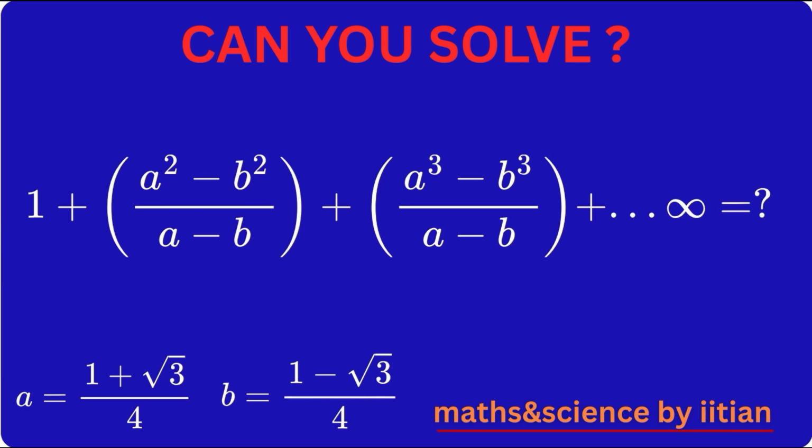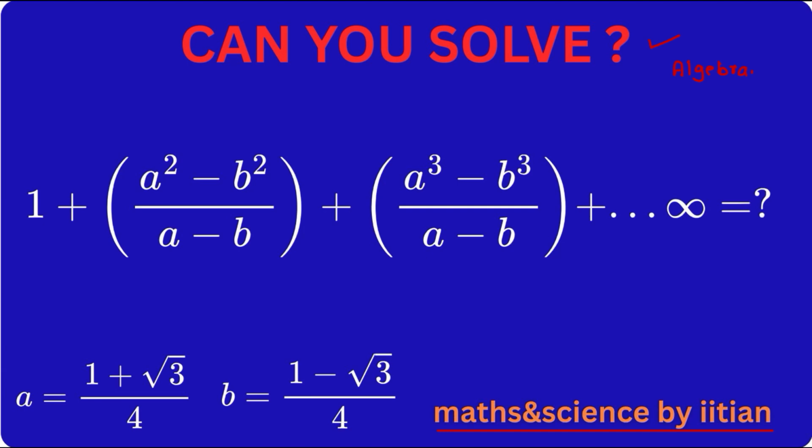In today's lecture, we will be taking up a very good example of summation of series in algebra. It's part of the algebra where the value of a is given. a is equal to (1 plus root 3) by 4 and b is equal to (1 minus root 3) by 4.